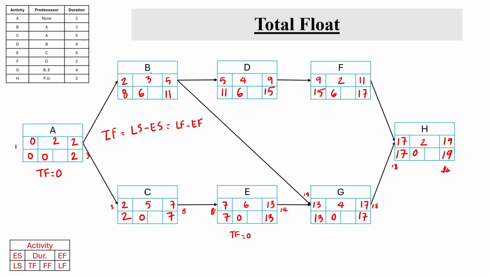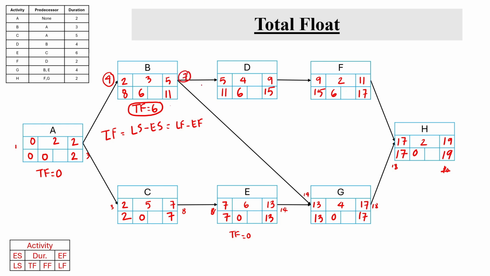However, if you look at activity B, which has a total float of 6, that means it can be delayed by 6 days. Let's delay it by, for example, 2 days. It starts at day 4 instead of day 2, then it finishes at day 4 plus 3, 7, right?